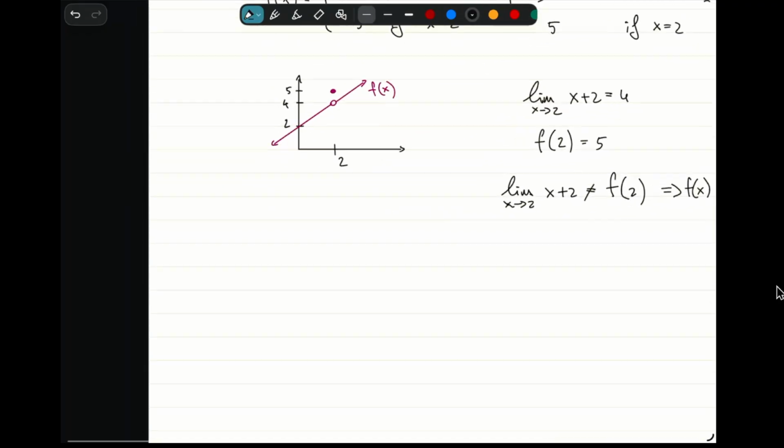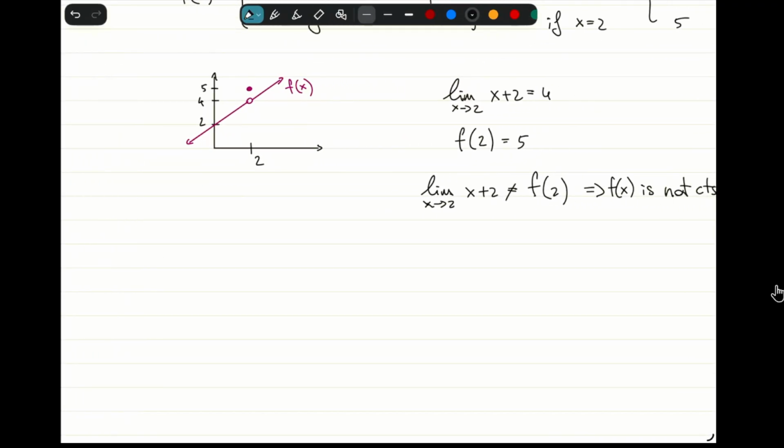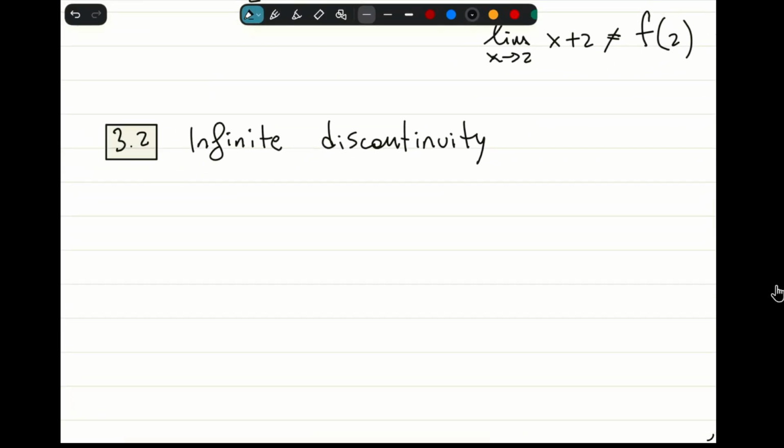Okay, so let's keep going. 3.2, our second type of discontinuity is what we call infinite discontinuity. Okay, so let's see another piecewise function here.